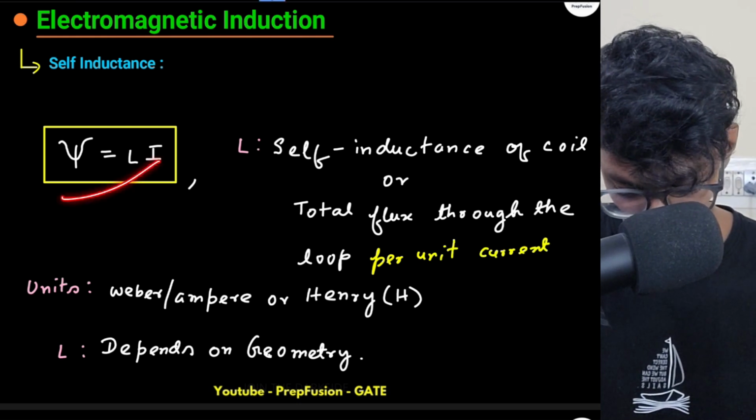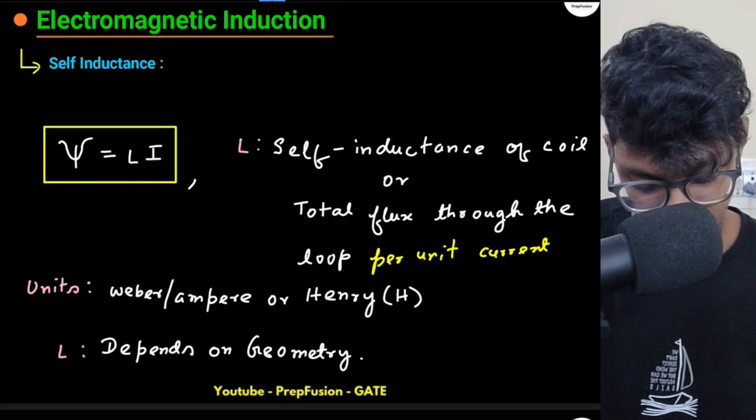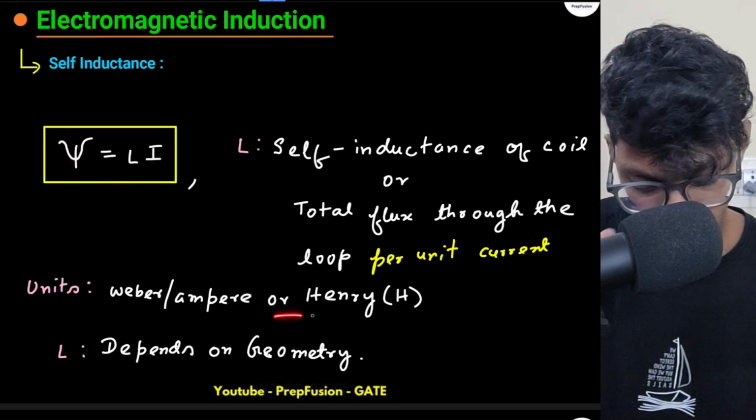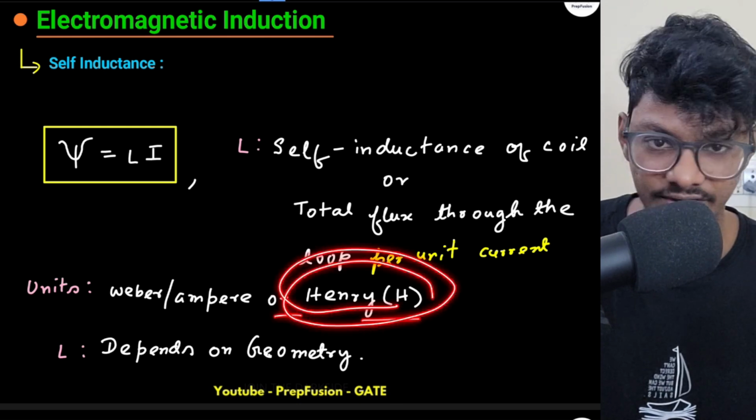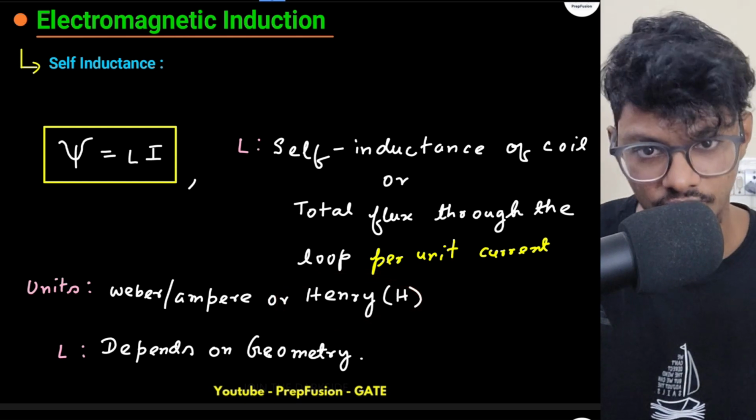If I divide both sides by I, it will be flux per unit current, and that is basically the unit of it. Its unit is Weber per ampere, or Henry. Remember this is a very important unit, and if you have studied electrical engineering, I know you know this unit, Henry, for inductance.